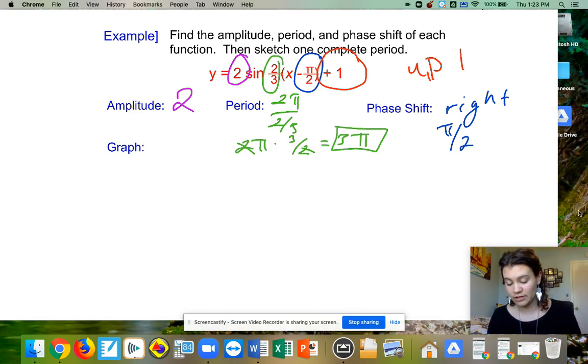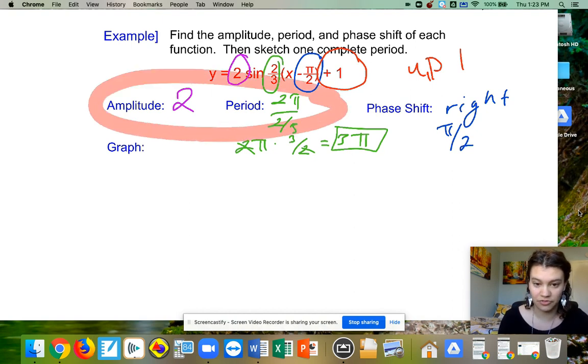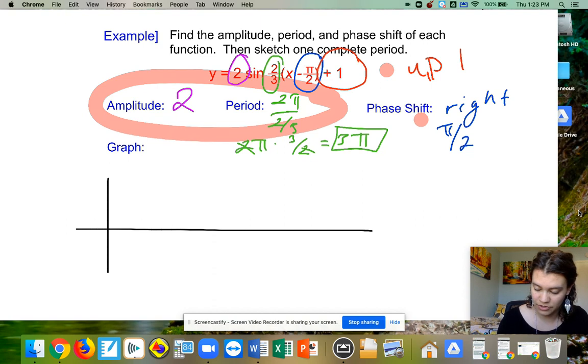So for my own sanity, I tend to graph the stuff here, the period and the amplitude first. Once I have that sketched out, then I'll add in the phase shifts and the vertical shifts, just so I can do things in 2 steps instead of all at once. So you want to do what we've done before and set up your graph and start with your standard period.